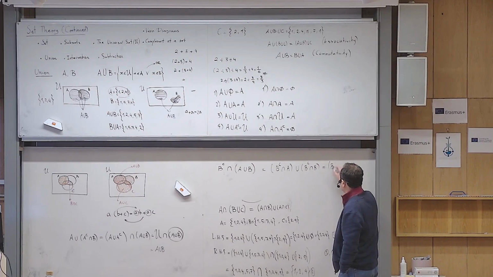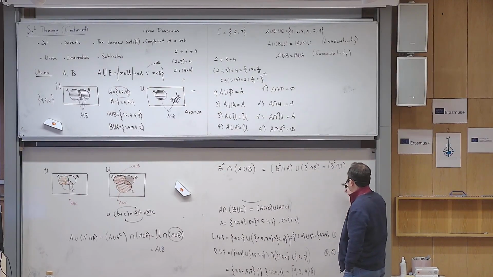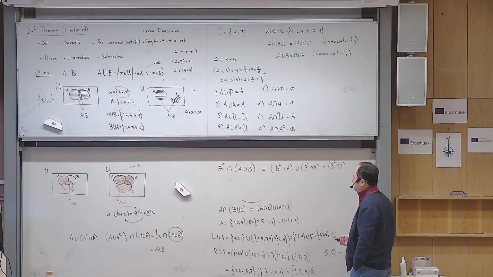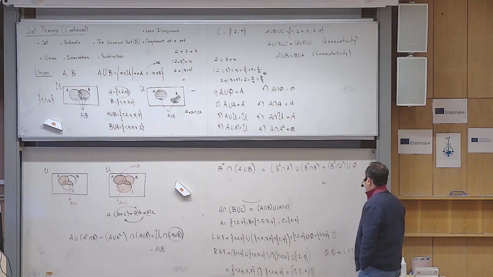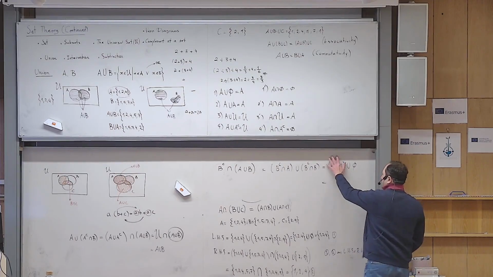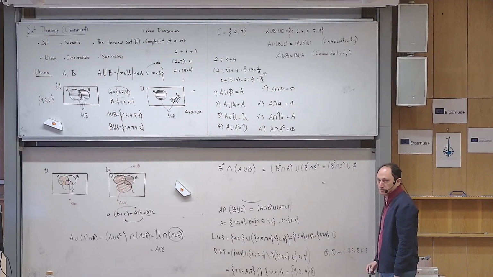So I copy and paste the first part. But what is this one? The empty set. The intersection of any set with its own complement is the empty set. So it becomes the union with the empty set. I have a set, I don't know what that is, but whatever it is, I am unioning it with the empty set. What is left for me?